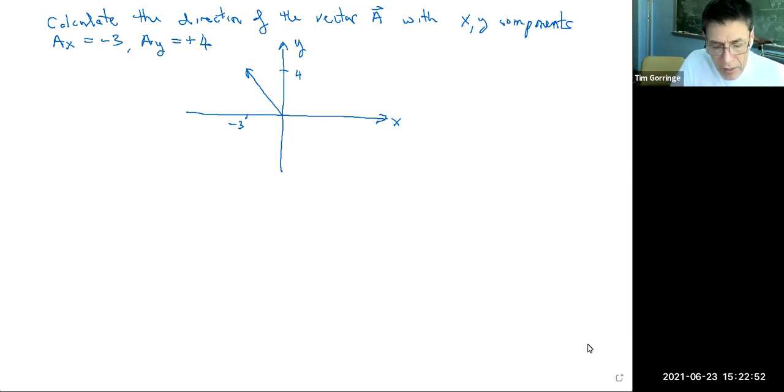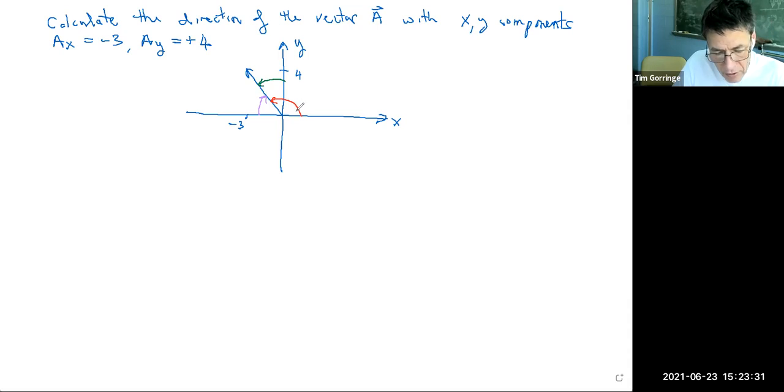There are several ways we could quote the angle of the vector, the direction of the vector. I could calculate the angle of the vector with respect to the positive x-axis, with respect to the horizontal, or with respect to the vertical.